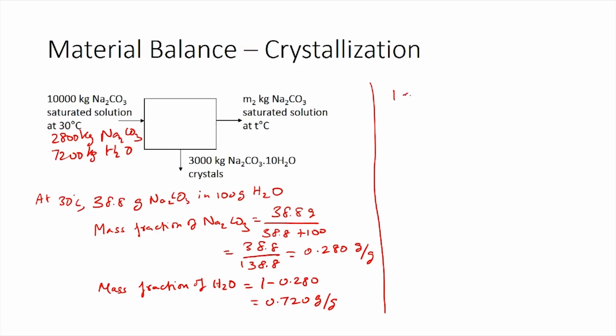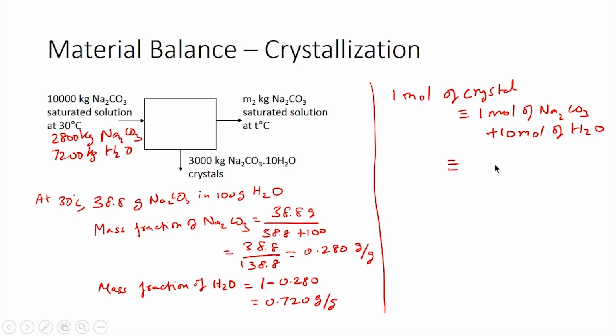So, we can calculate the mass fraction of Na2CO3 using this. 1 mole of crystal contains 1 mole of Na2CO3 plus 10 moles of water, which is 106 grams of Na2CO3 and 180 grams of water.